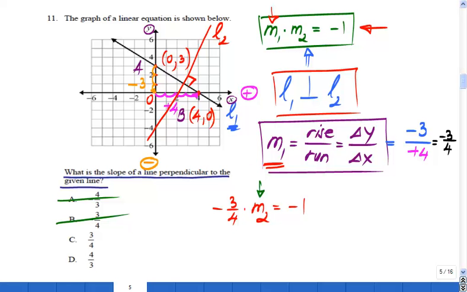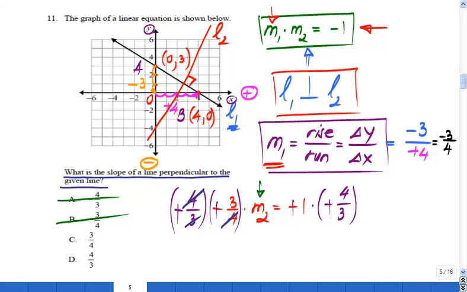And if you don't know how to solve this equation, it requires you to multiply left and right by the reciprocal of this fraction, of the negative 3/4, and you multiply by the same number on the right side, right? So I have negative 4/3 times negative 3/4 times m2 equals -1 times negative 4/3. As you notice, negative times negative will be positive.